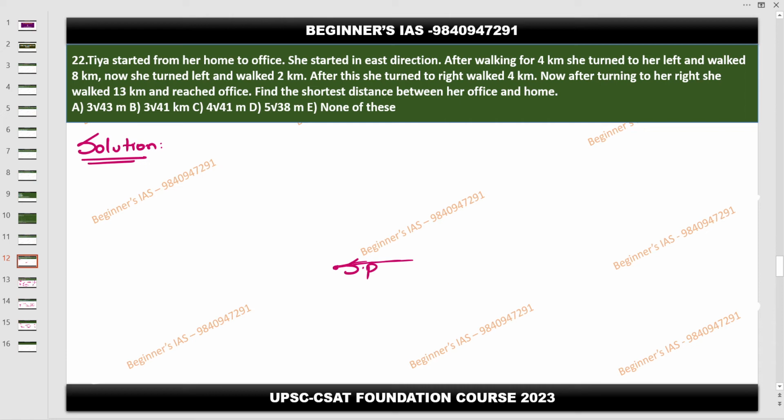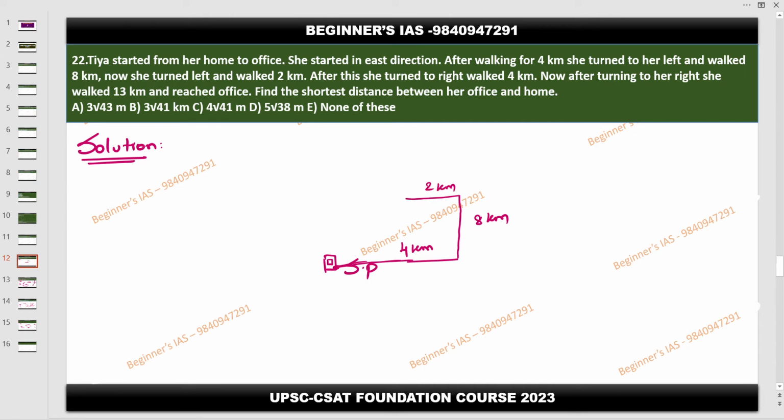Now, I'm keeping this as her home. She started in the east direction, walking 4 kilometers. So this is 4 kilometers. She turns her left and walked 8 kilometers. Now she turned left and walked 2 kilometers.